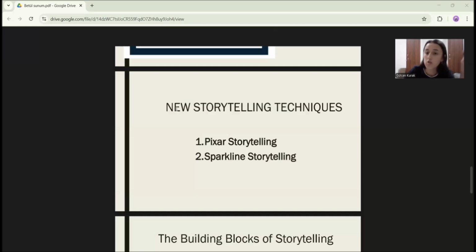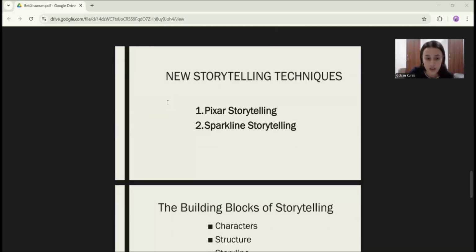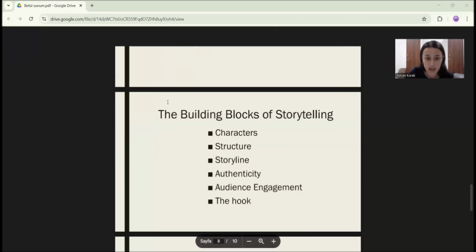So if you want, you can use these techniques in your presentations also. And we are going to look at the building blocks of storytelling. For example, we are going to start with the characters.